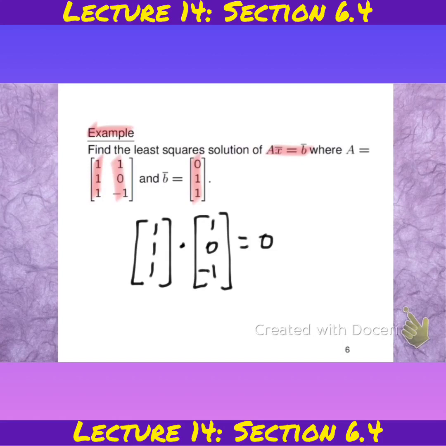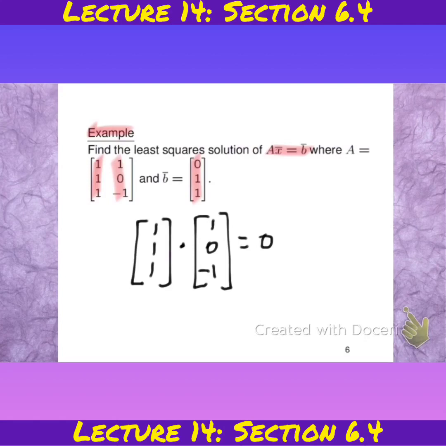So those two column vectors form an orthogonal set of vectors. And we said previously in section 6.3 that any orthogonal set of vectors is linearly independent. So those two vectors are linearly independent, okay?